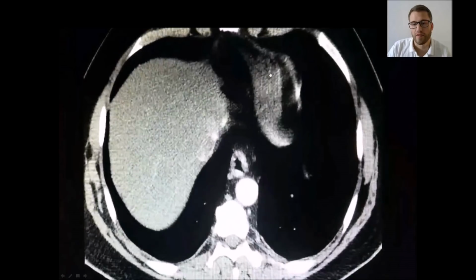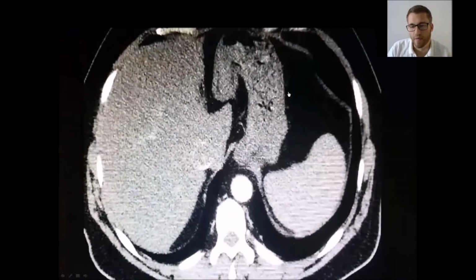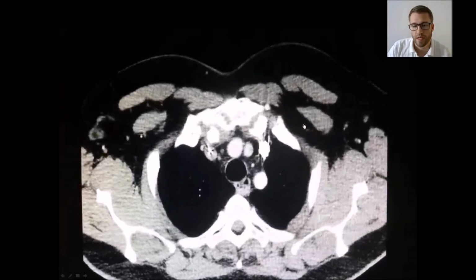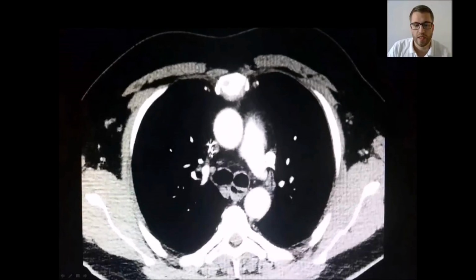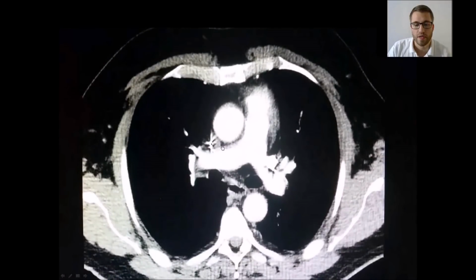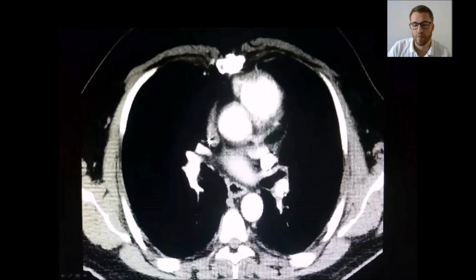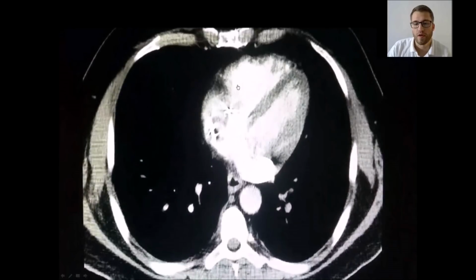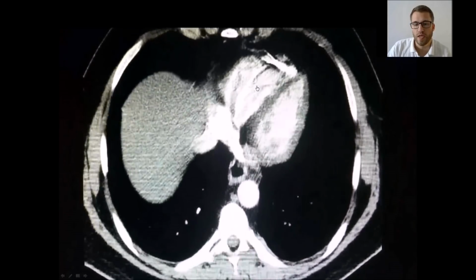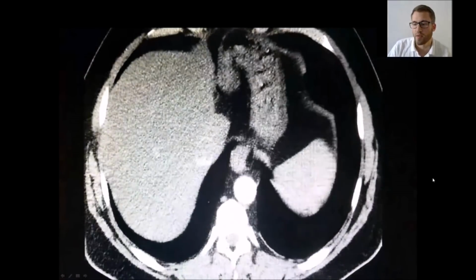And this is the ventricular lead going to the apex of the right heart. Again, sternal cerclages here, the pacemaker leads going down the superior vena cava, the pulmonary embolism in the left lower lobe, the increased RV pressure, and the ventricular lead to the apex.